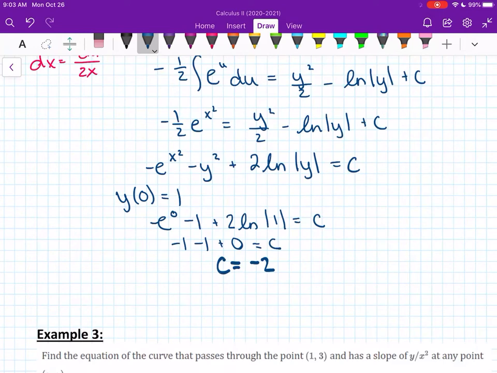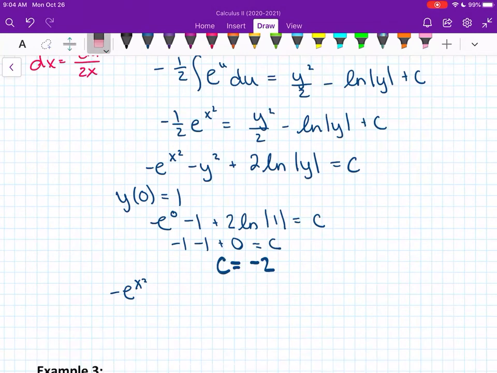So c equals negative 2. And so then my final answer here would be negative e to the x squared, oops, not plus, minus y squared plus 2 natural log of the absolute value of y equals negative 2.